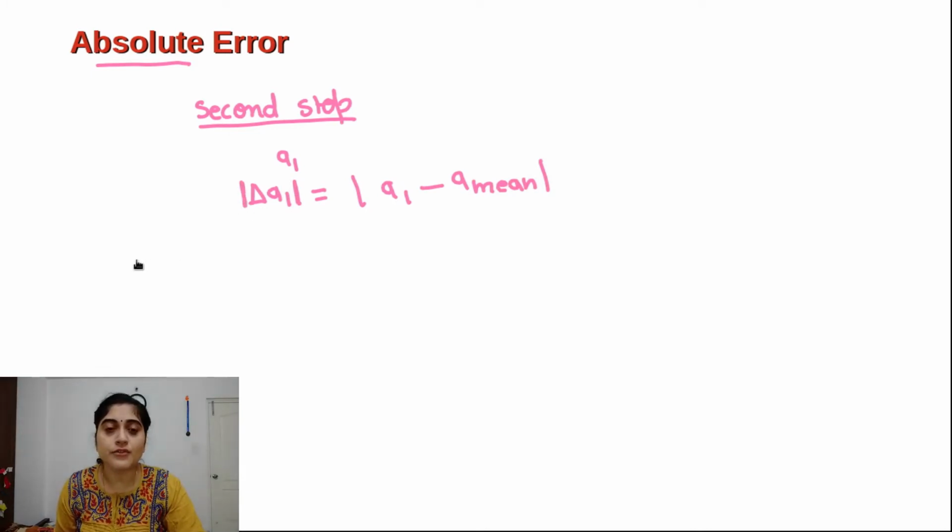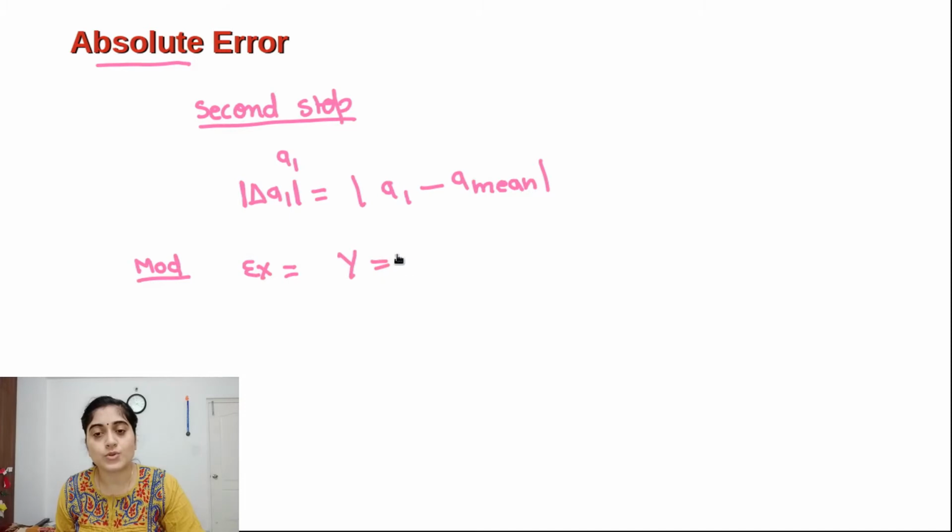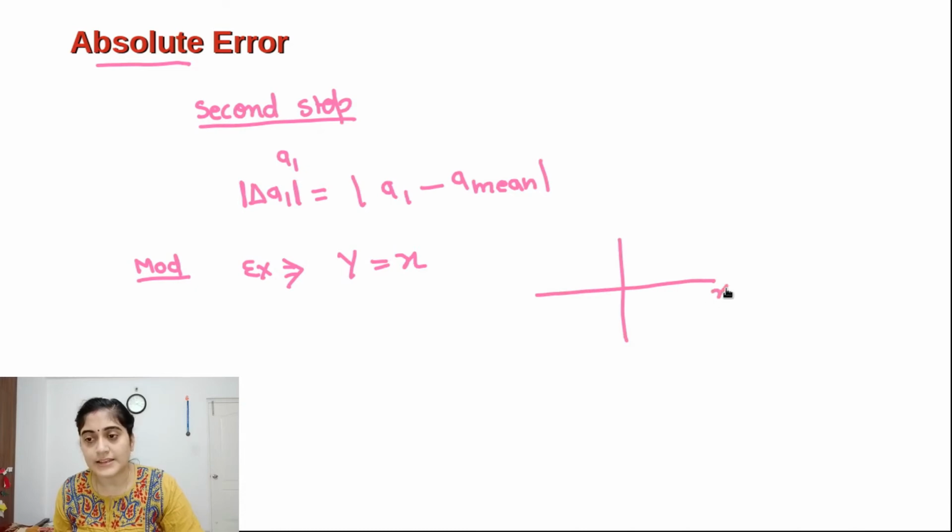What does mod mean? If we take one example equation, y equals x, how could we denote this through a graph? Here is the x-axis, here is the y-axis. So this line we can draw on the graph like this.